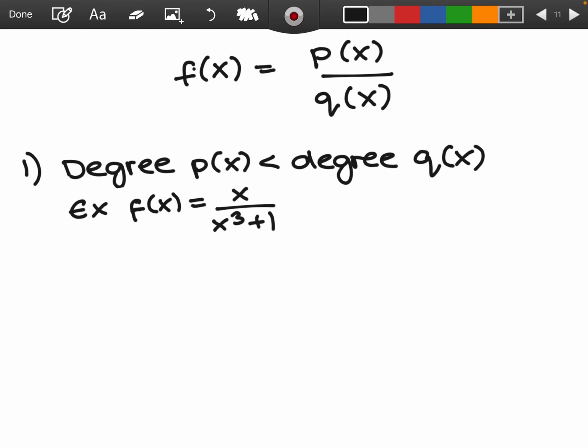Okay, that would be a particular example where the degree of p of x is 1 and the degree of q of x is 3. Okay. That tells me, if that is the case, that y equals 0 is the horizontal asymptote.